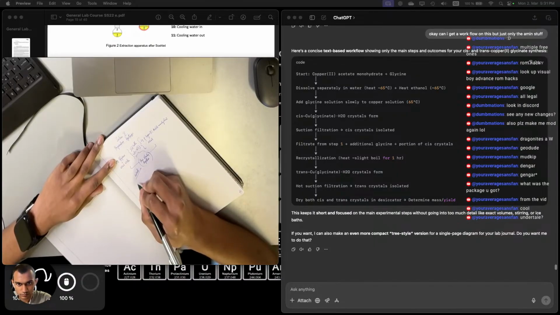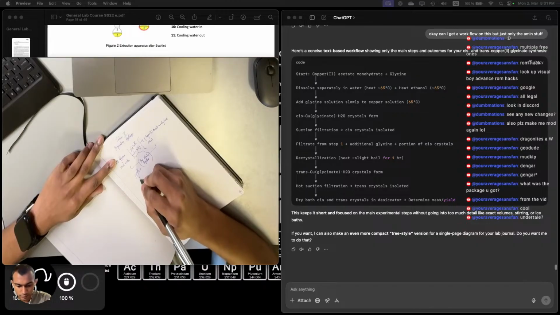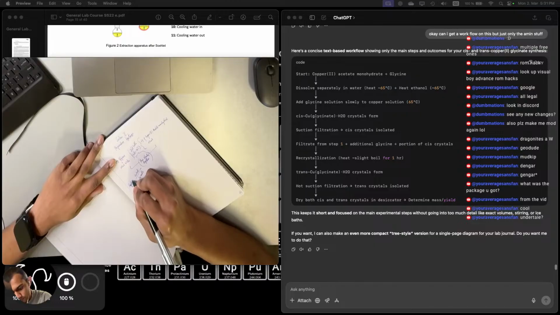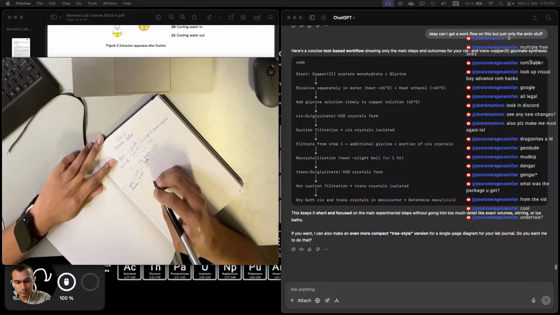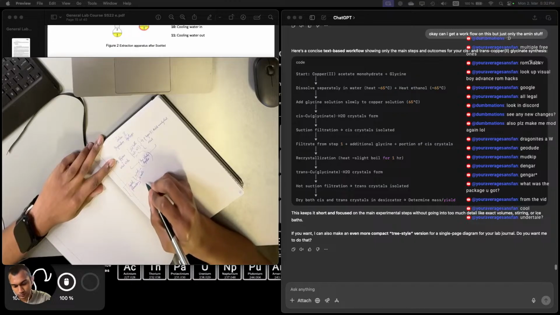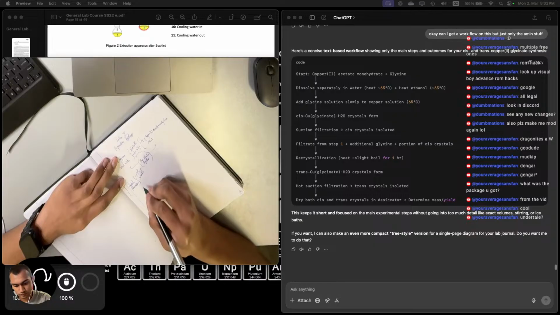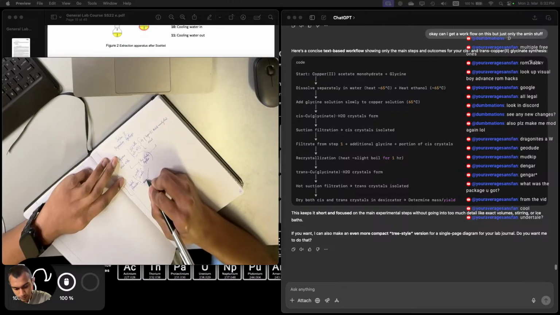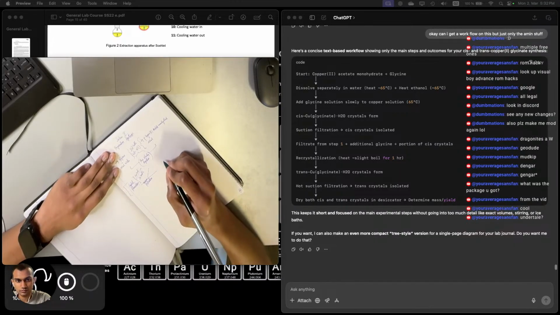Cooled. Ice bath. Crystal formation. Vacuum filtration, suction filtration.